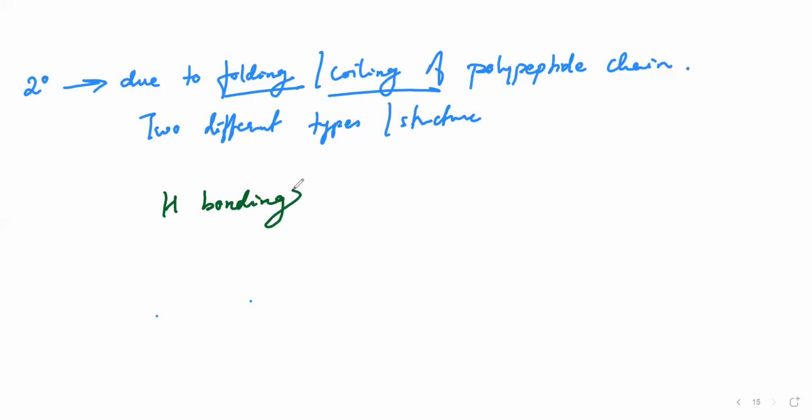What is the bonding involved in forming the secondary structure? It is the hydrogen bonding which takes place between the two groups of the peptide bond, which are the C double bond O and NH groups. Whenever the secondary structure forms, it will be either an alpha helix or a beta pleated sheet.